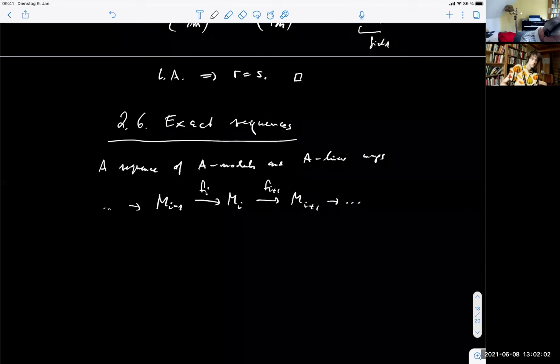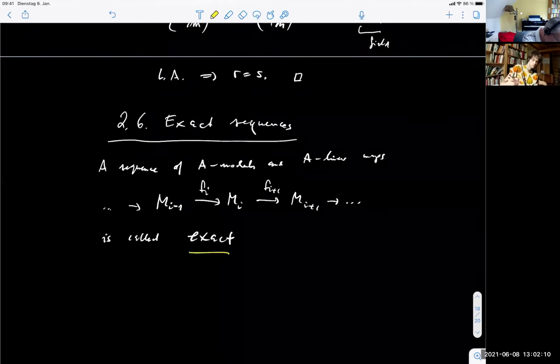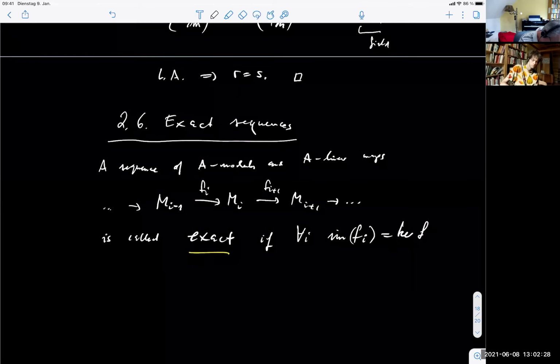This is called exact if the following holds: for all i, the image of f_i equals the kernel of f_{i+1}.